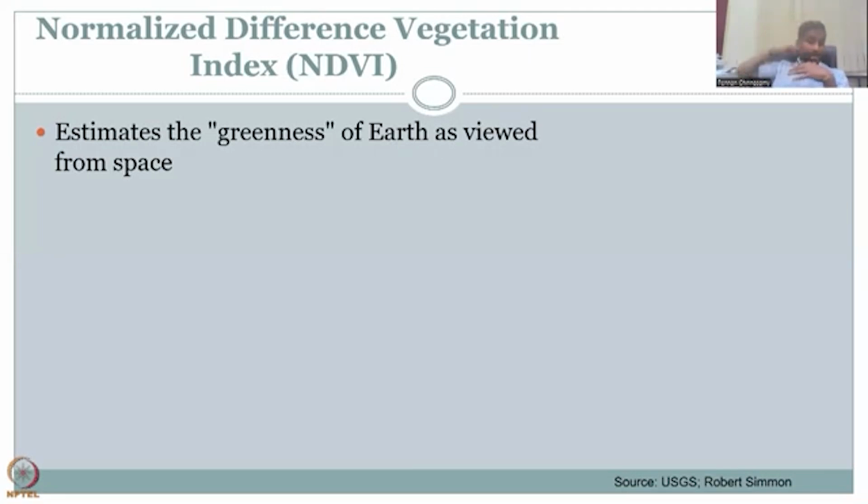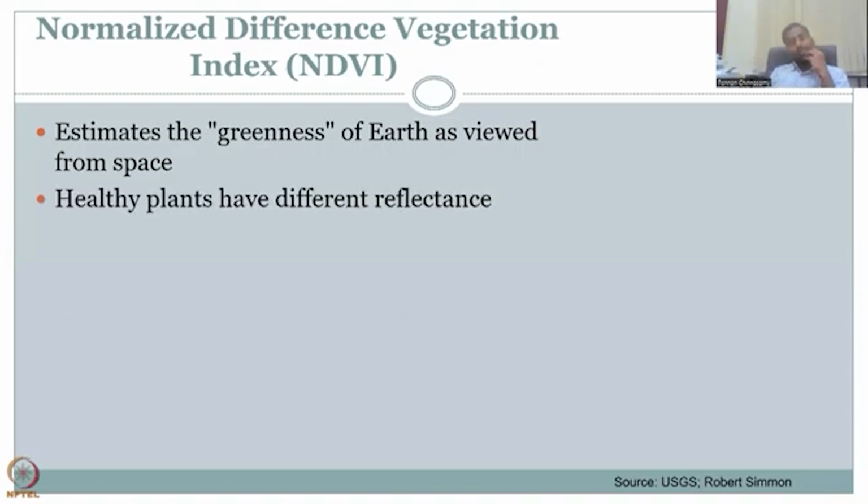The other colors are absorbed. Same, the near infrared is reflected by plants, because when it's healthy, it has more near infrared. So basically, a healthy plant has different reflectance compared to a non-healthy plant or a plant which is ready to harvest.